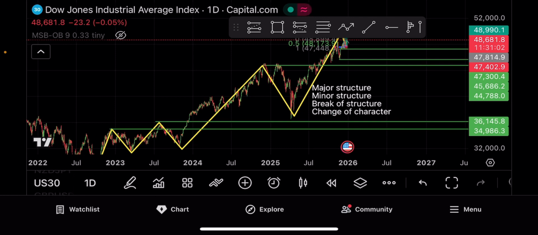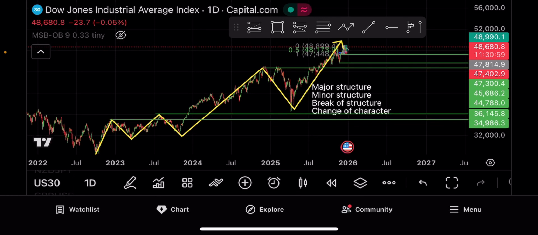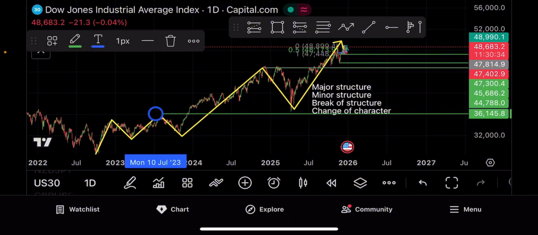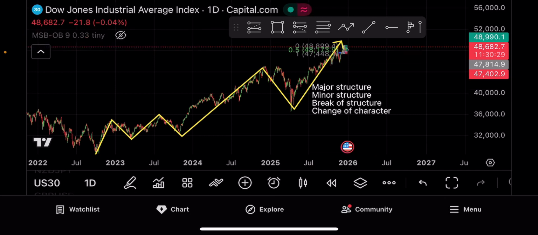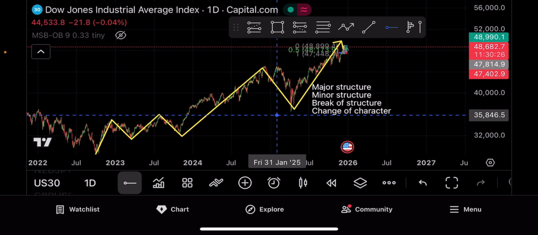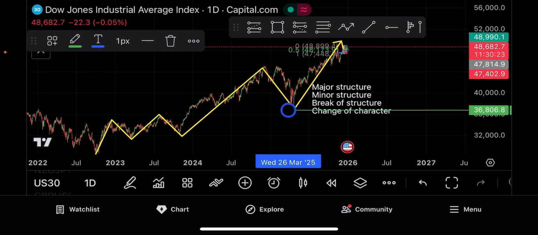Now, to define change of character: change of character is the point where we have a structure already in place, that is, an upward trend structure. For there to be a change of character, there has to be a close below the previous higher low. For there to be a change of character here, this low has to be broken.